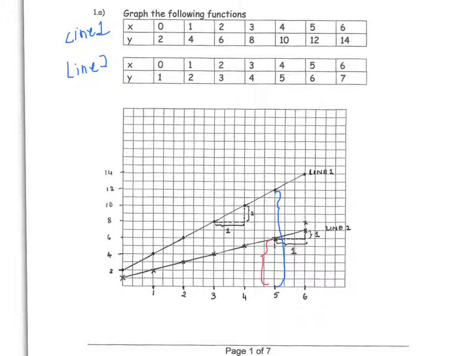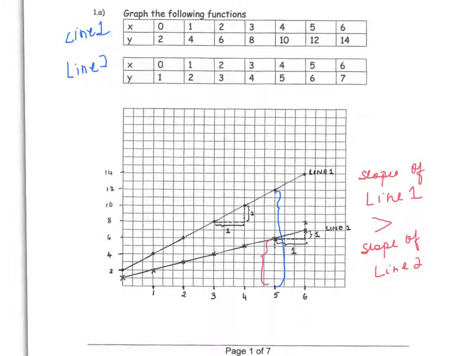So knowing the definition of slope or rate of change, you can see that the rate of change of y with respect to x in line 1 is greater than the rate of change of y with respect to x in line 2. So slope of line 1 is greater than slope of line 2.